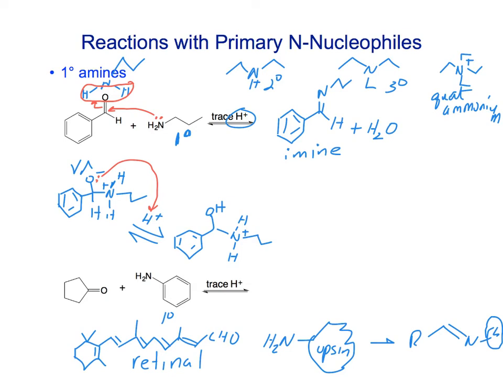So the next process is going to be to deprotonate the amine. I'm just going to show this as having an amine here. I'm not going to draw the whole thing. It's probably just the amine we're starting with up there that is going to be the base in here. So this is going to pull this off.